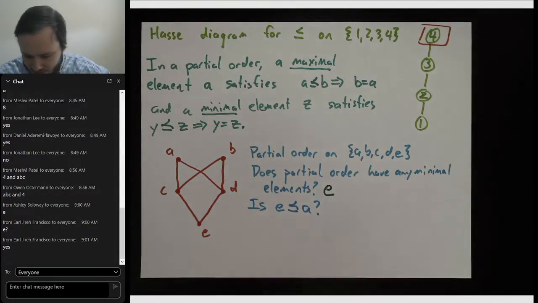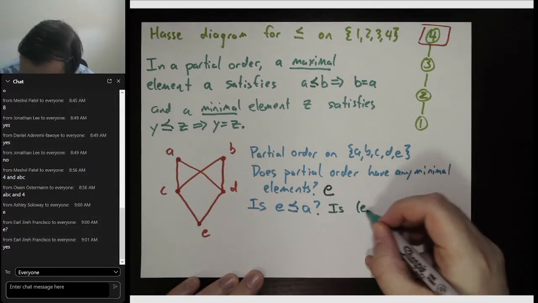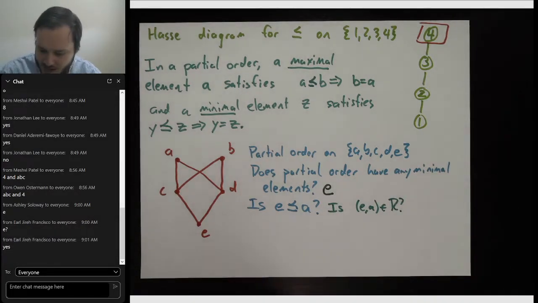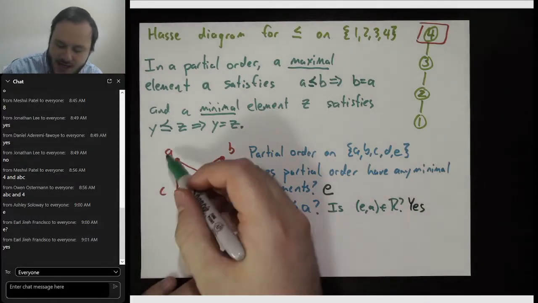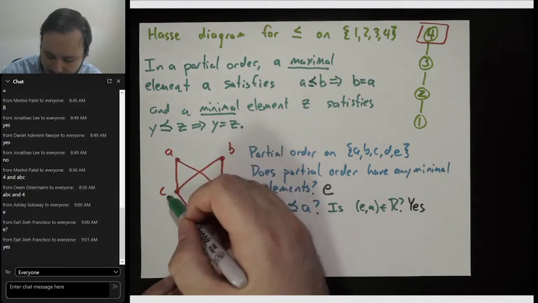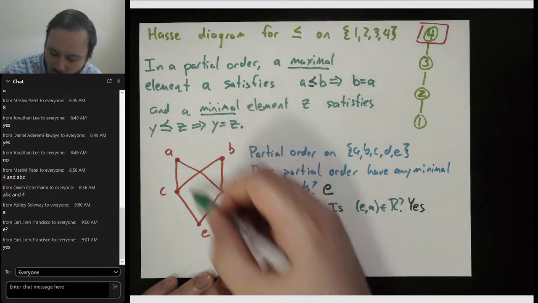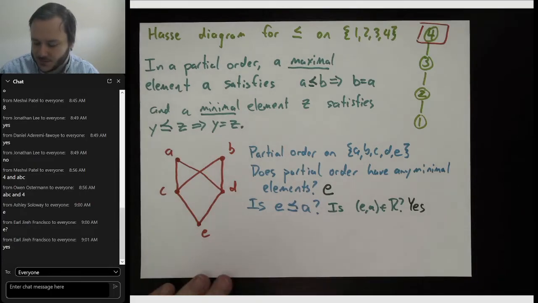Equivalent question, is E A in my relation? And the answer is yes. I didn't draw an arrow from A to E because there's a line from A to C, and a line from C to E. And so I don't need to draw anything from A to E directly. It is implied by transitivity.